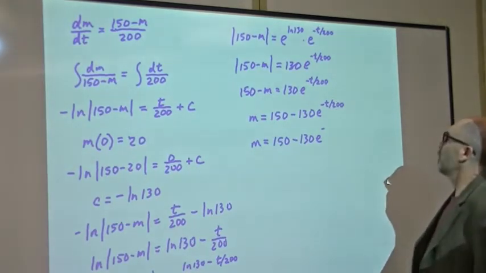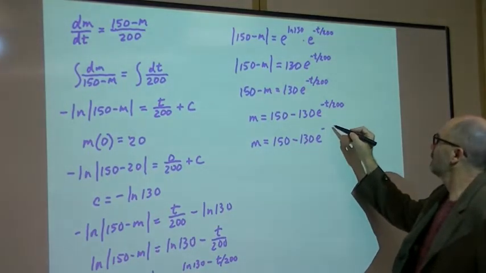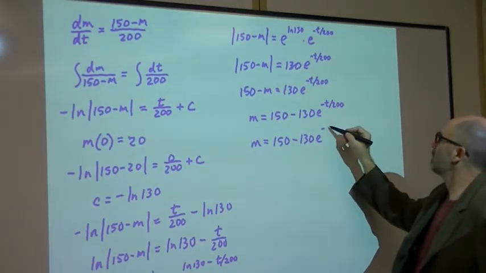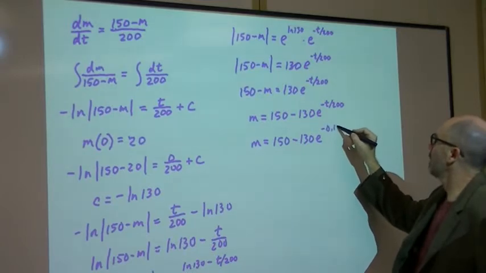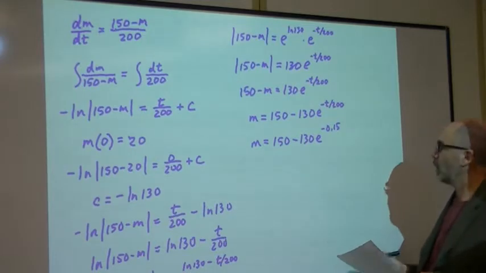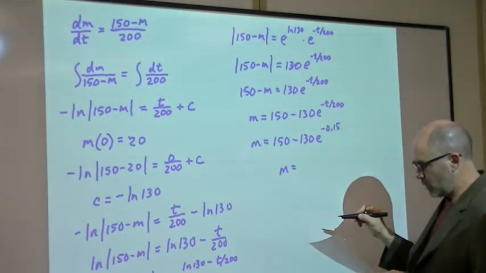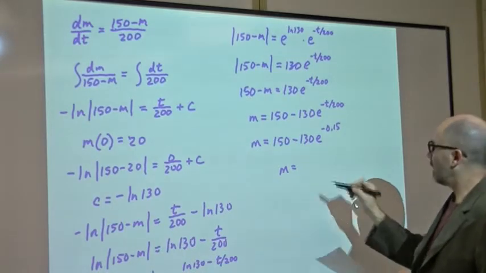So 30 over 200 is 3 over 20. That's 0.15. Okay, so now we crank that out and we get that the mass is going to equal 38.1.